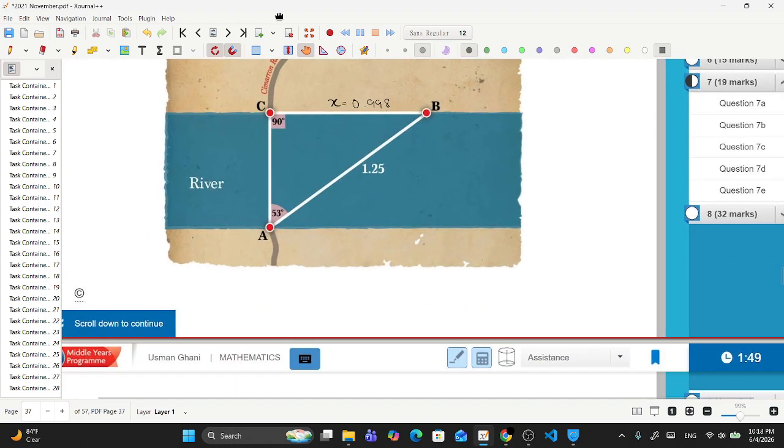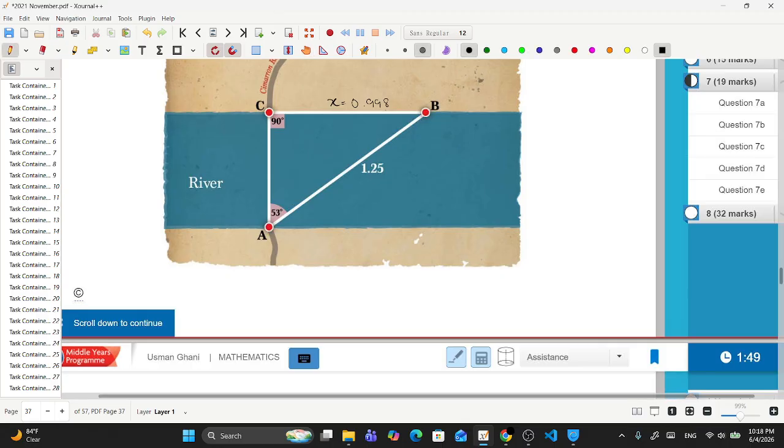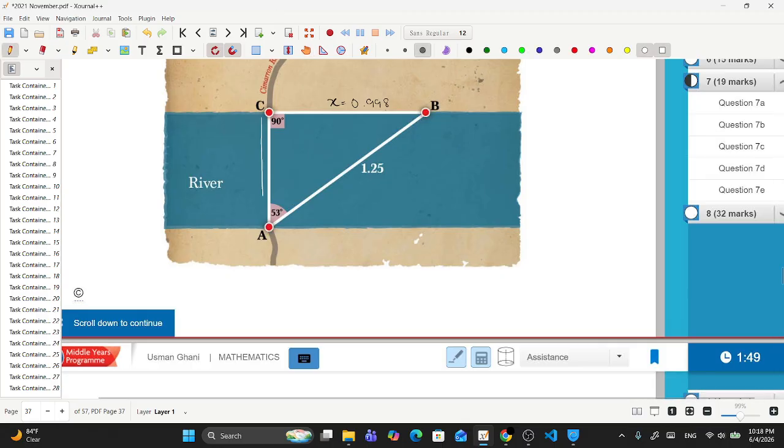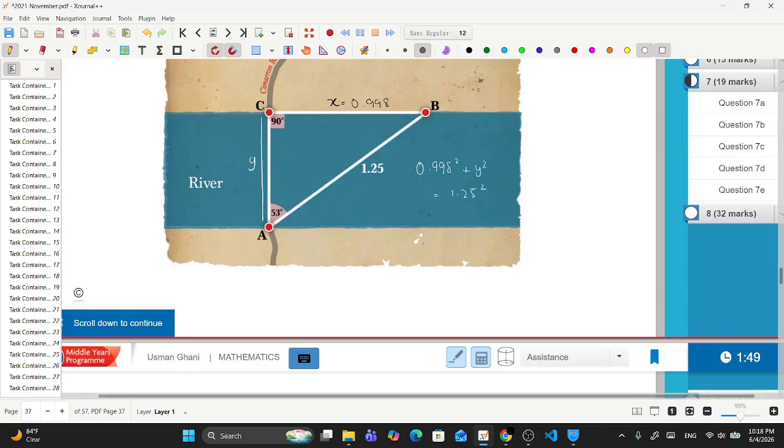So basically, this one. Let's say this is y. So you can write it as 0.998 squared plus y squared equals 1.25 squared.